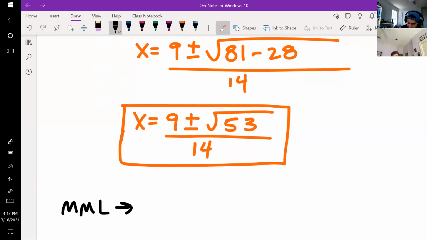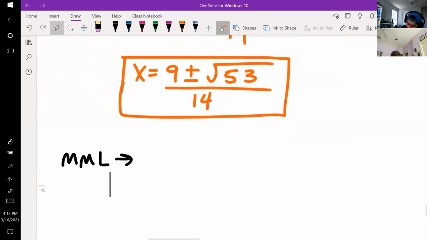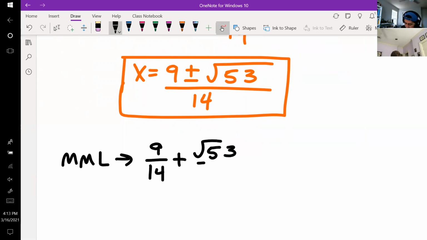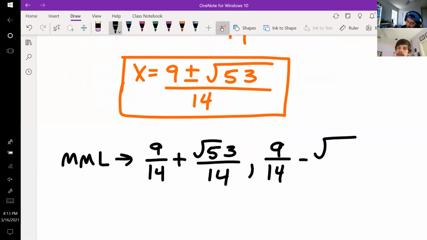It may make you write 9/14 plus square root 53/14, and also 9/14 minus square root 53/14, depending on what it's asking for.